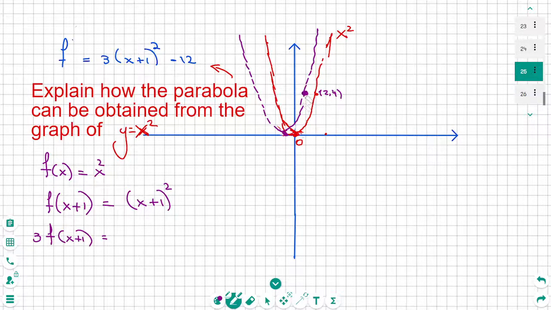Let's check this point here, which is (1, 4). Under this transformation, the x doesn't change because it's a y scaling, it changes the 4. The 4 goes into 12. So it would be (1, 12).